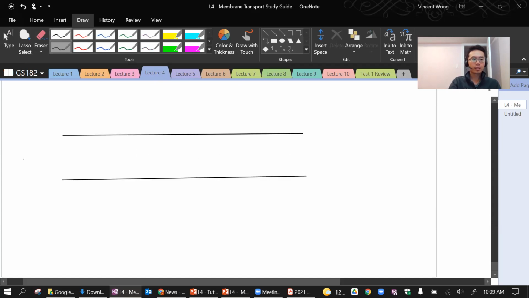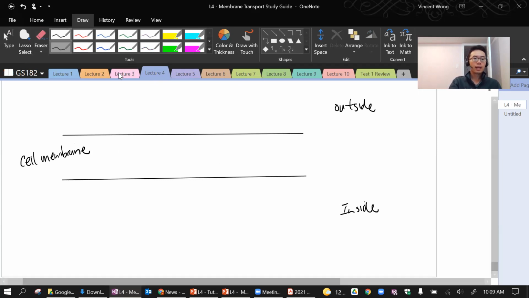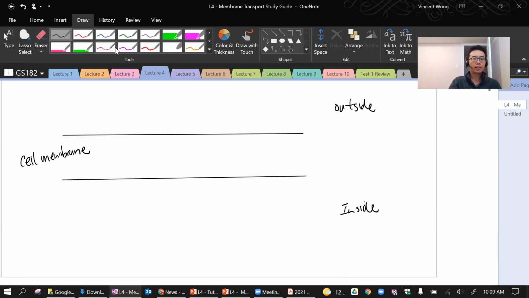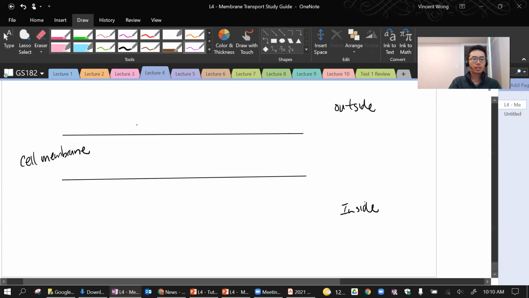So this is the cell membrane. This is the outside. This is the inside. And you would have the sodium potassium pump like here. It's an integral protein.